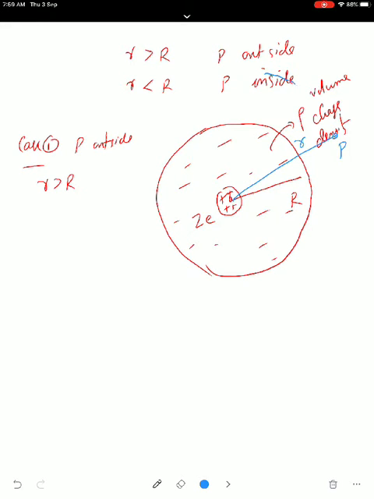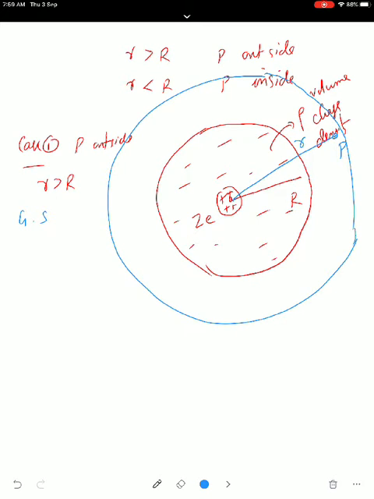A concentric sphere is constructed, so the Gaussian surface is a concentric sphere. Directly we are using Gauss's theorem. By Gauss's theorem, flux is equal to closed integral E dot ds is equal to 1 by epsilon 0 into q inside.